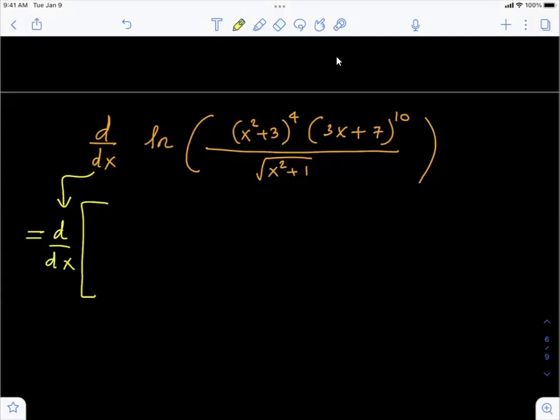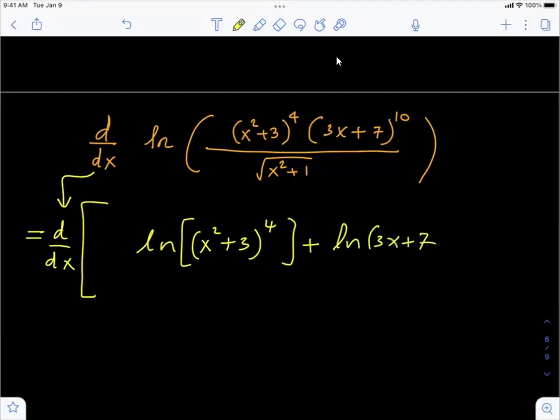First of all, ln of x squared plus 3 raised to the 4, and then plus ln of 3x plus 7 raised to the 10. Now this is exactly after the decomposition of the top term over the multiplication, and then minus, you have ln of x squared plus 1 to the power 1/2.